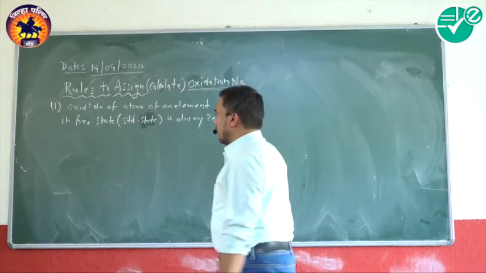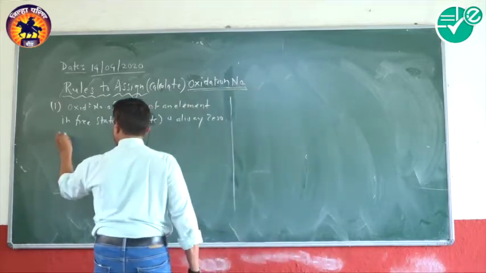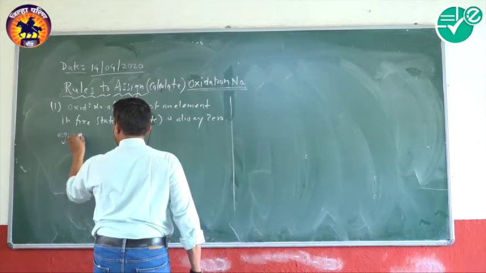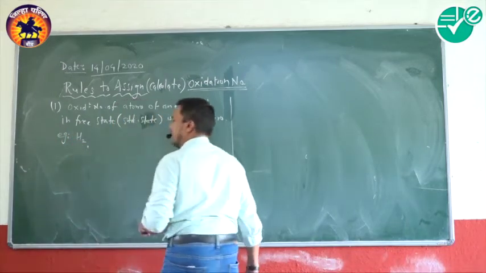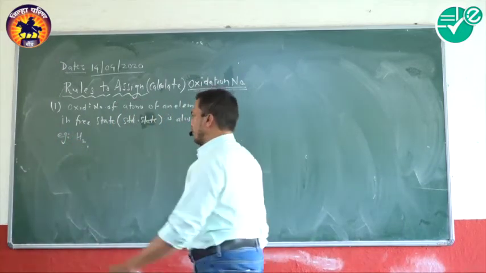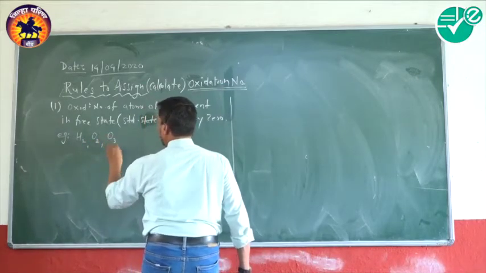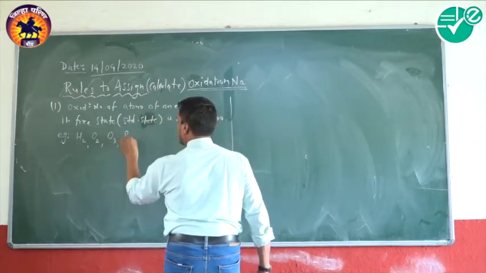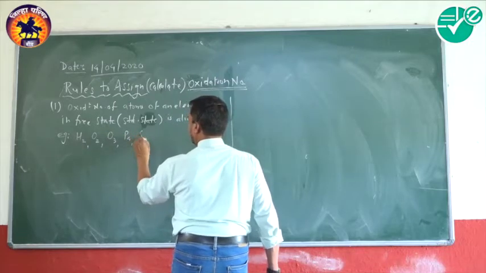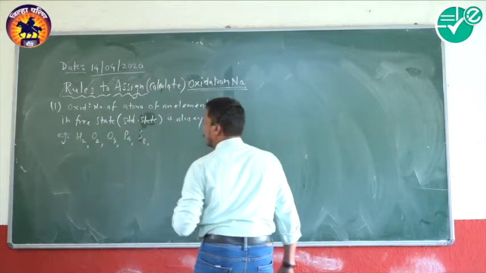That means if you take the example like hydrogen in a free state, it is H2 form, oxygen O2 form, ozone O3, phosphorus P4, sulfur S8.